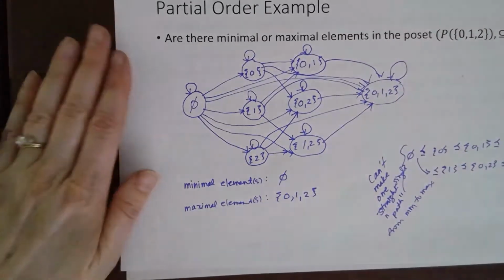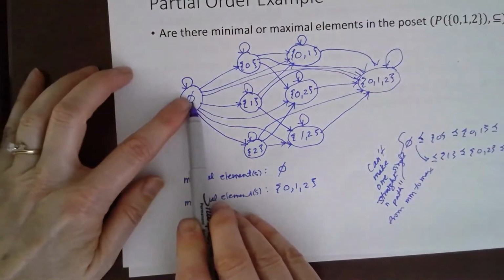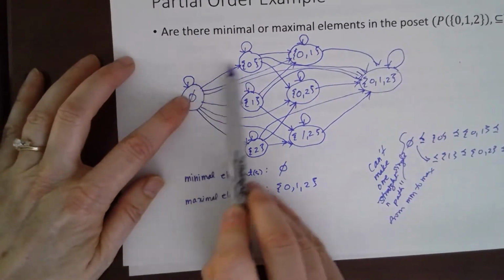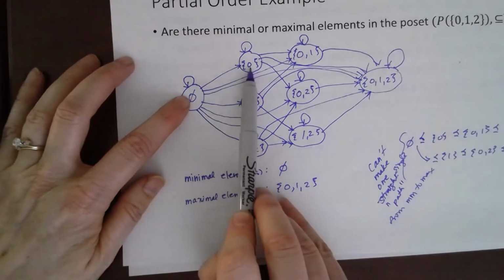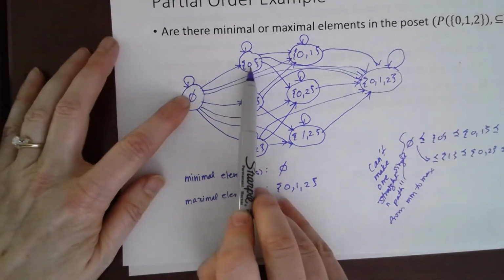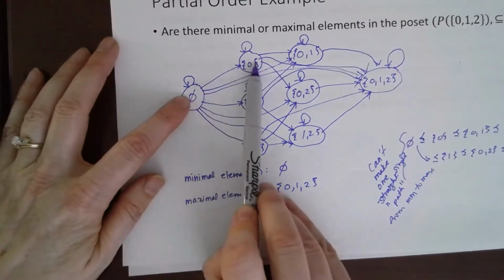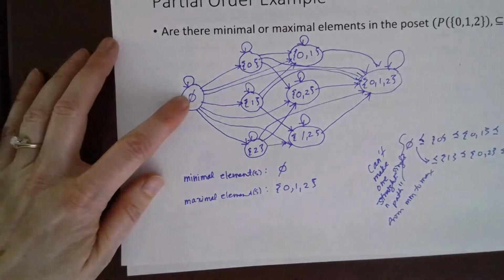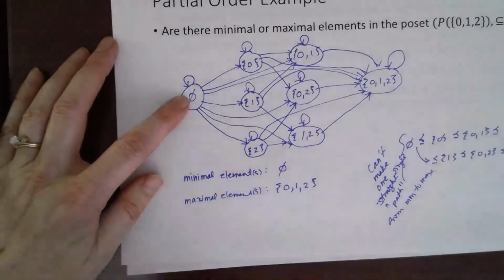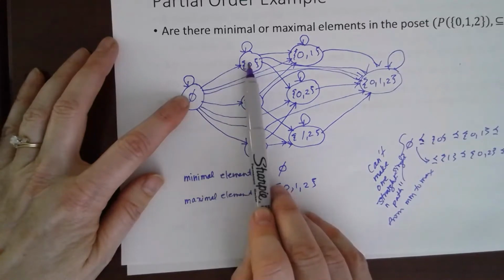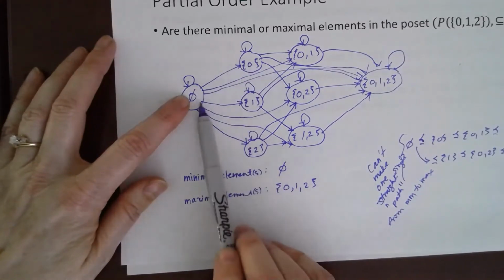Okay, so if I go from here, I had this relationship where the empty set was related to the set containing 0. Then we would ask ourselves: the only way that I would put that in my Hasse diagram is if there wasn't some other set in between these two that allowed me to get this relationship by transitivity. Okay, and notice there isn't.